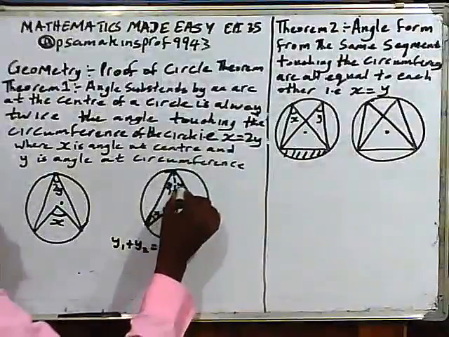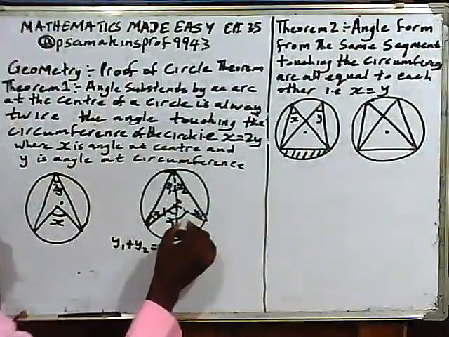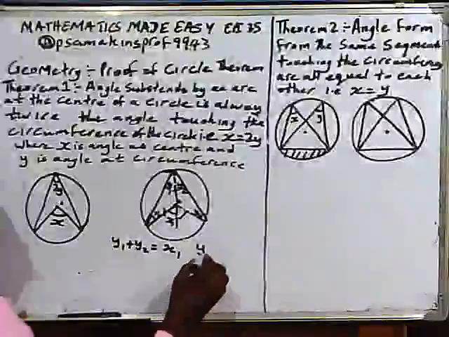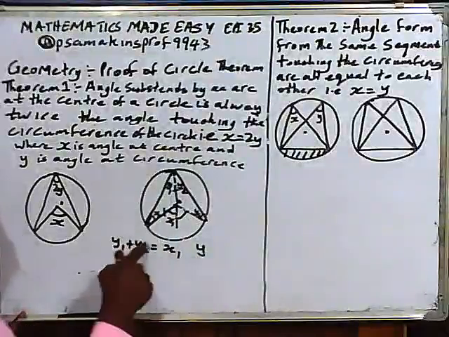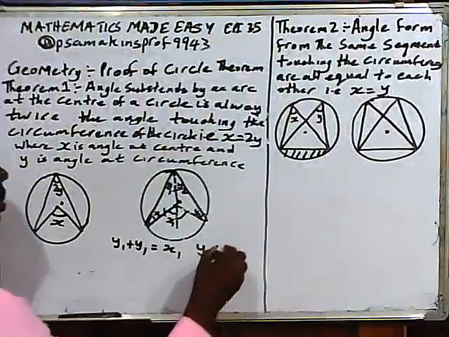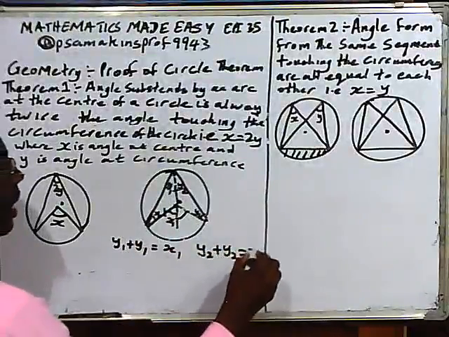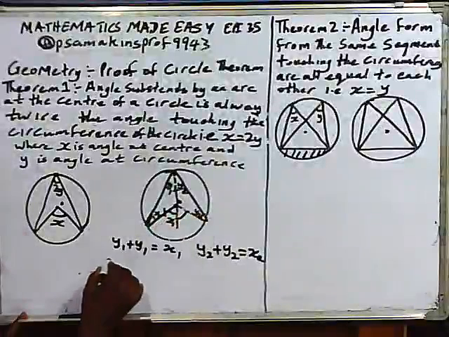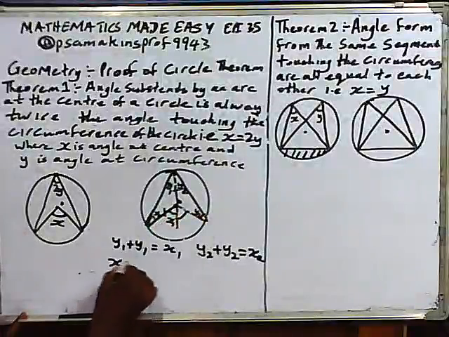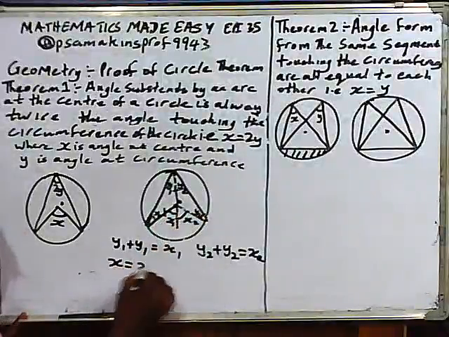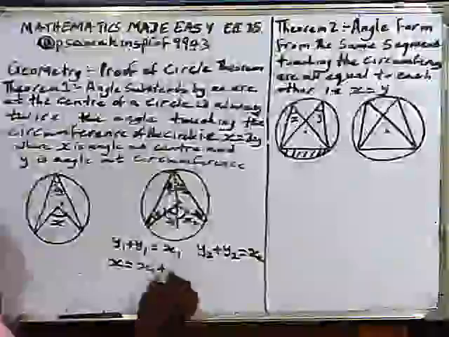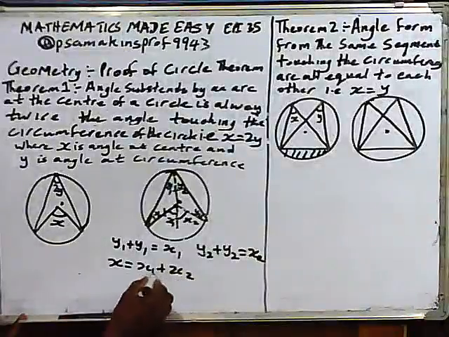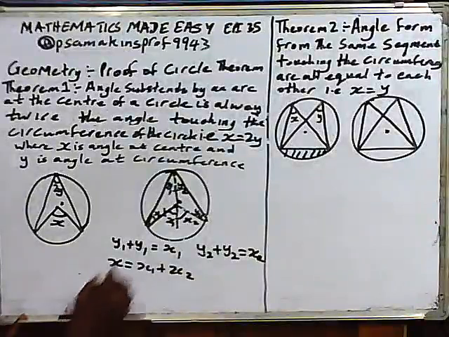Then also y2 plus y2 will be equal to, let's assume that it is x2. So by virtue of that, since this is our x, x is x1 plus x2.